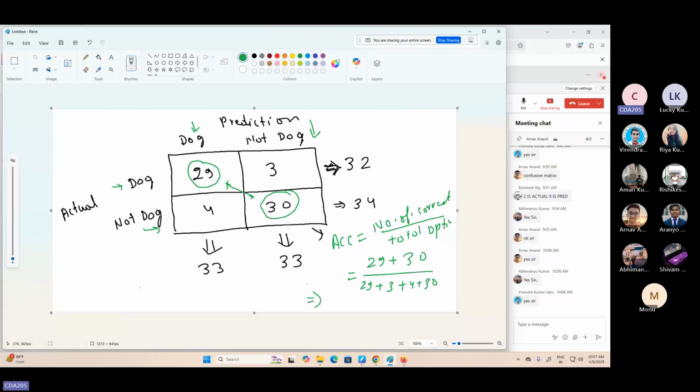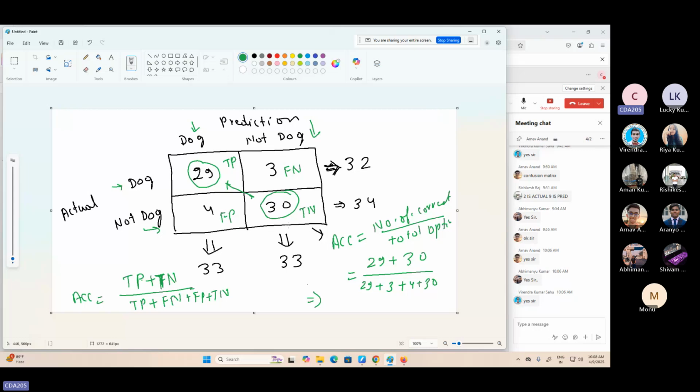So we can say that the accuracy formula from the confusion matrix, with TP, TN, FP and FN, is TP plus TN by TP plus FN plus FP plus TN.